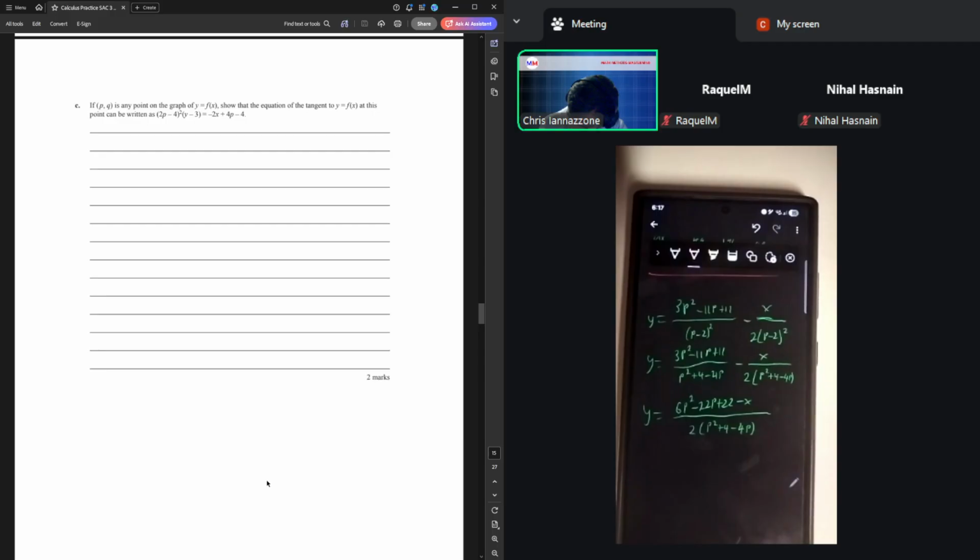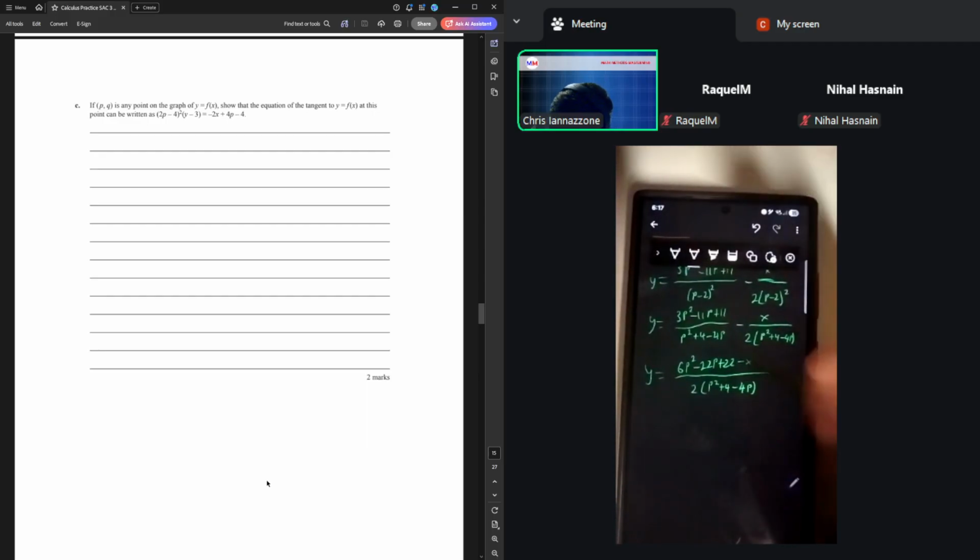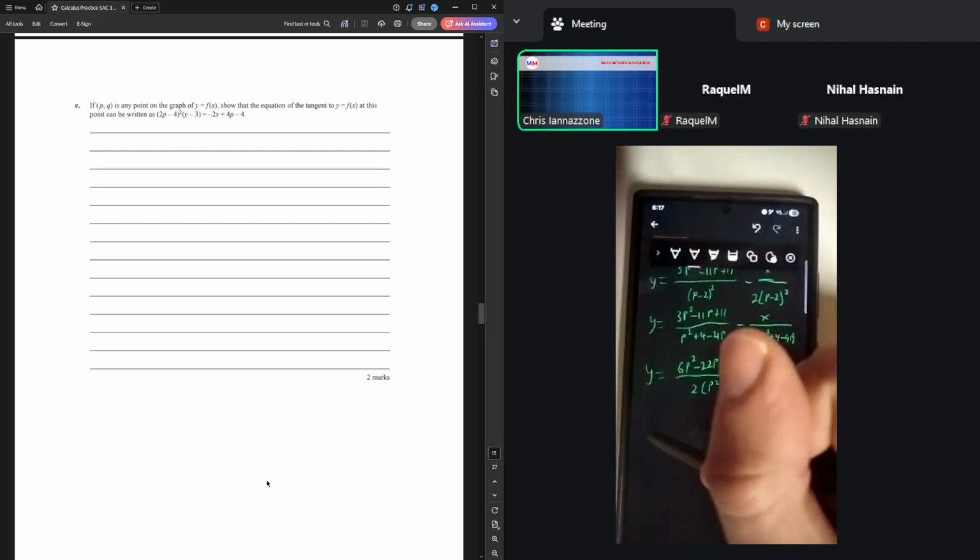One of the things I'm noticing is the y isn't exactly on its own. You've got this y take 3 and it's also got another term multiplying it. So you've got stuff on the y side. I would consider moving things over to the y side.